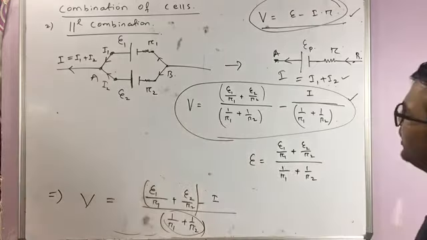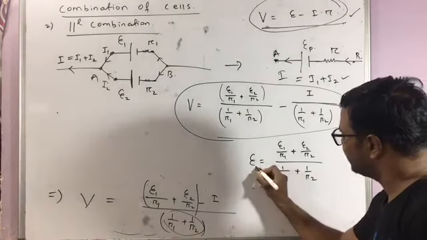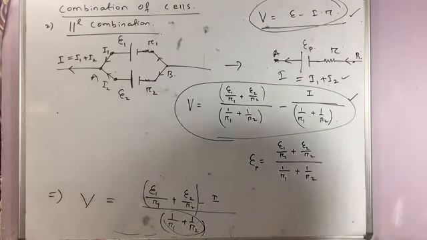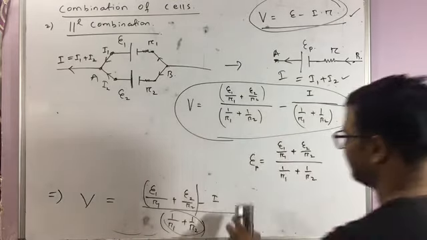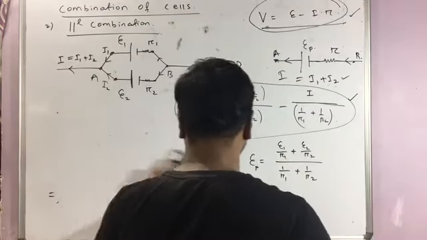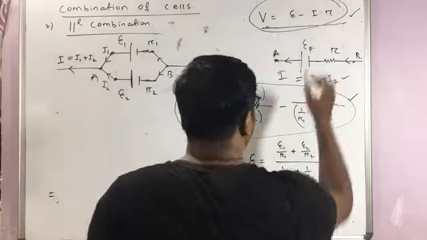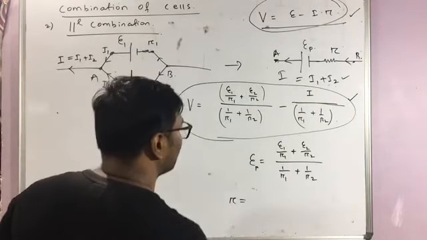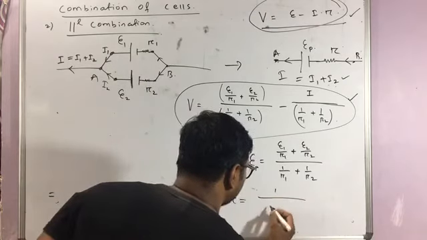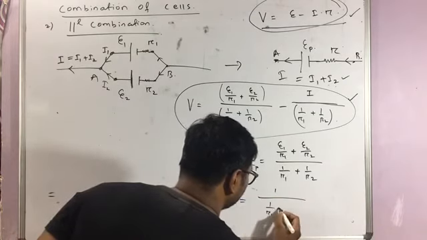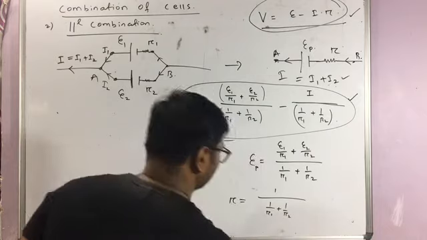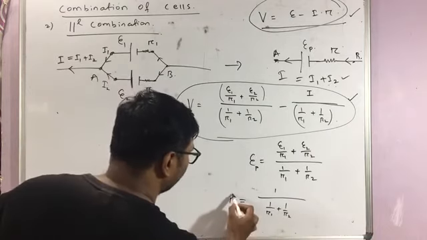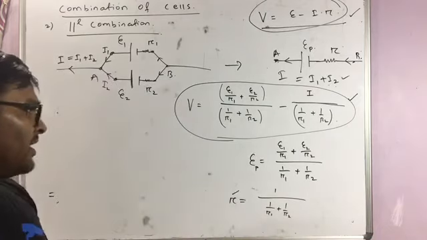It is your net EMF, which is simply your EP, meaning EMF in parallel, and your R is equal to 1 by R1 plus 1 by R2. This is your net internal resistance of the cell.